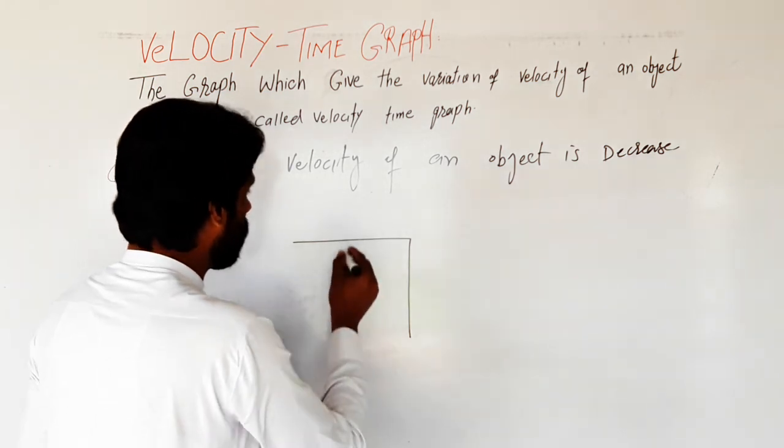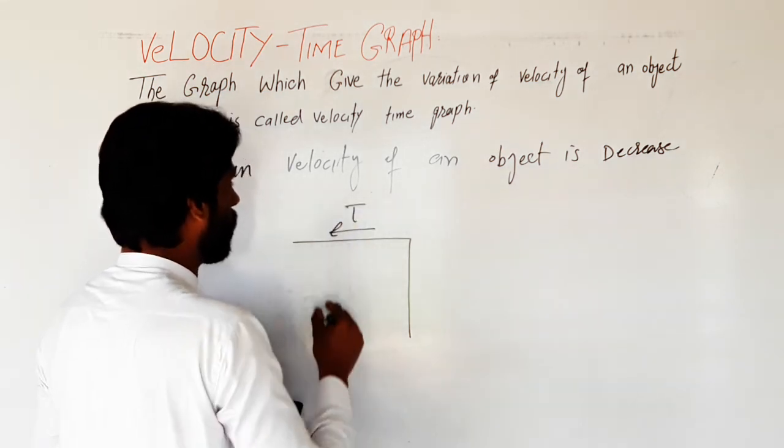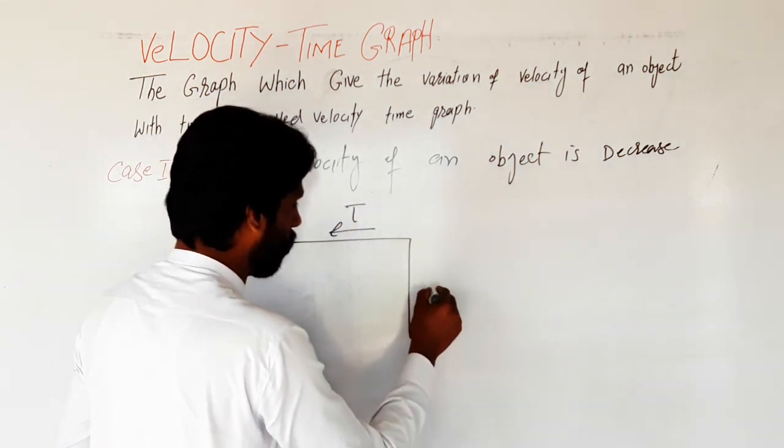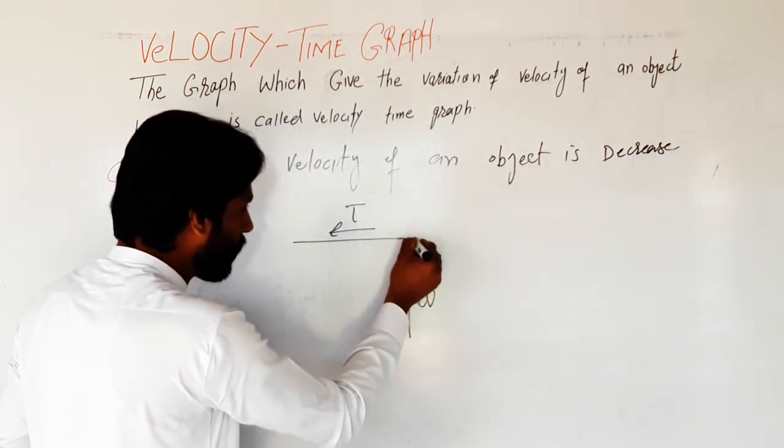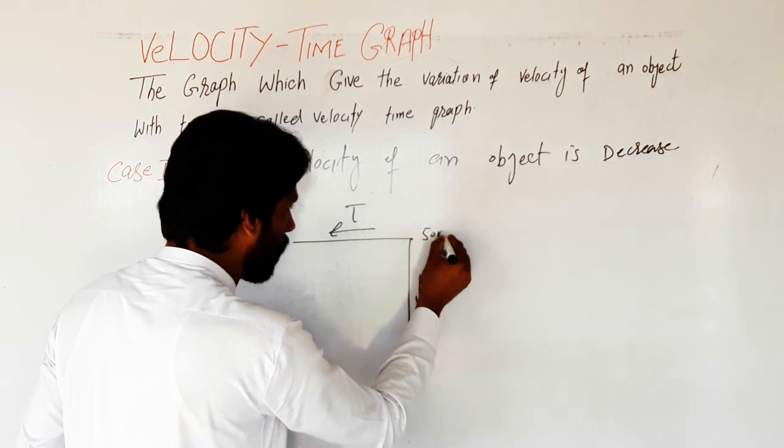Like this. This is the x-axis, time, and velocity along the y-axis. Velocity at 50 meter per second.